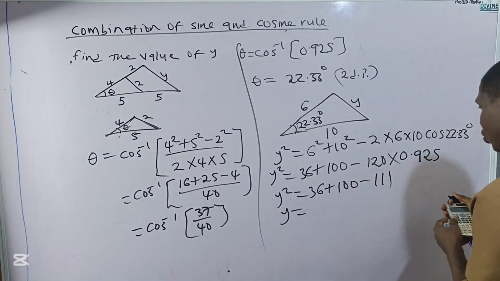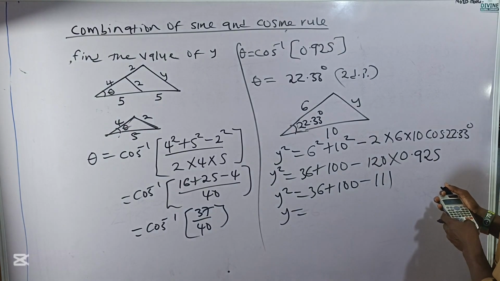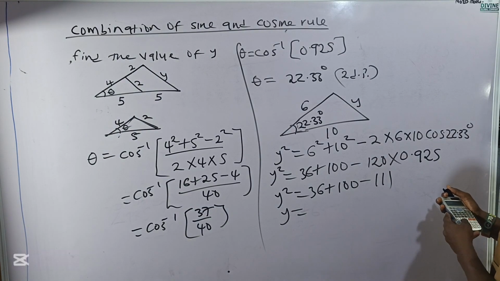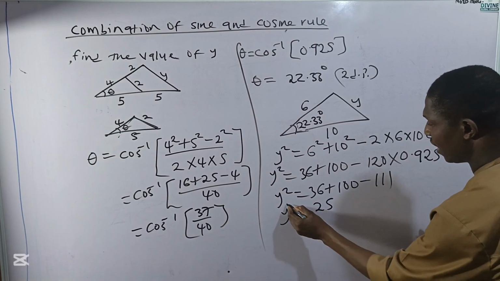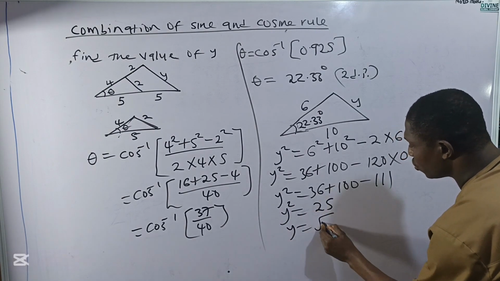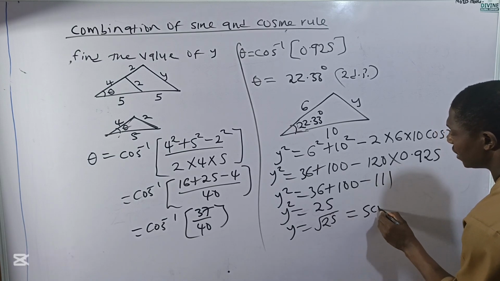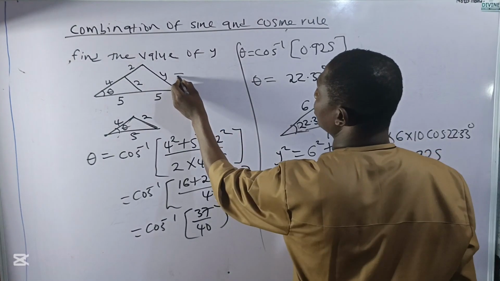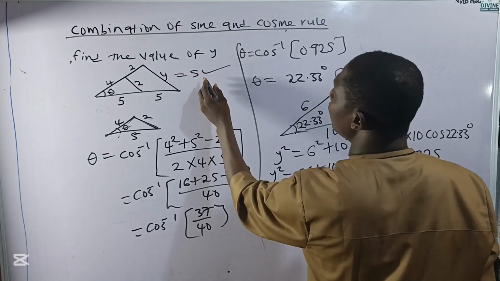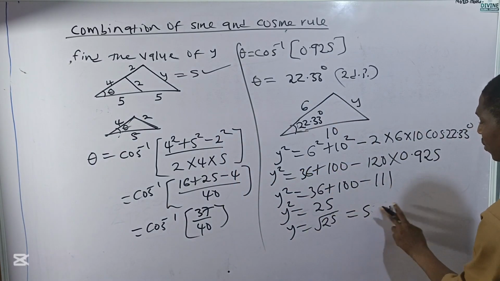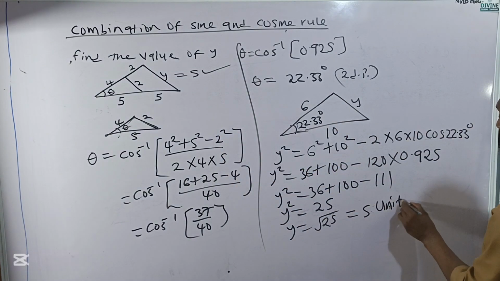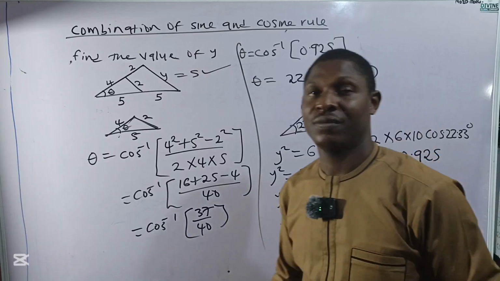So y squared equals 36 plus 100 minus 111, giving me 25. So y equals the square root of 25, which is 5 centimeters. Since they didn't give us a unit, the answer is 5 units. So that's the answer.